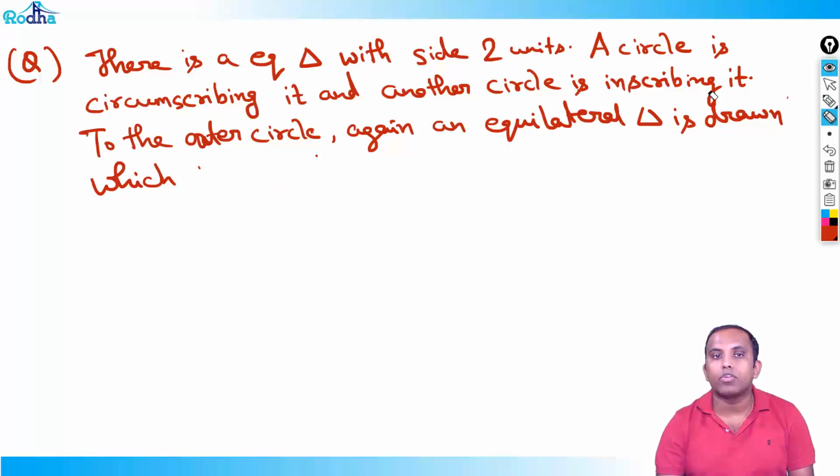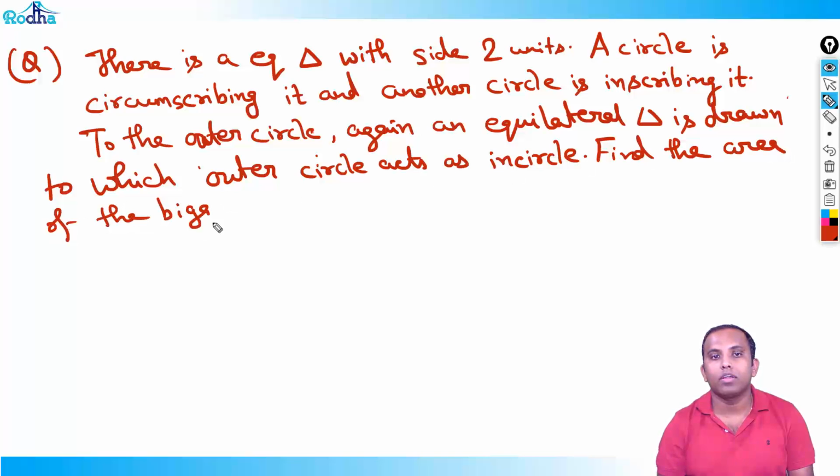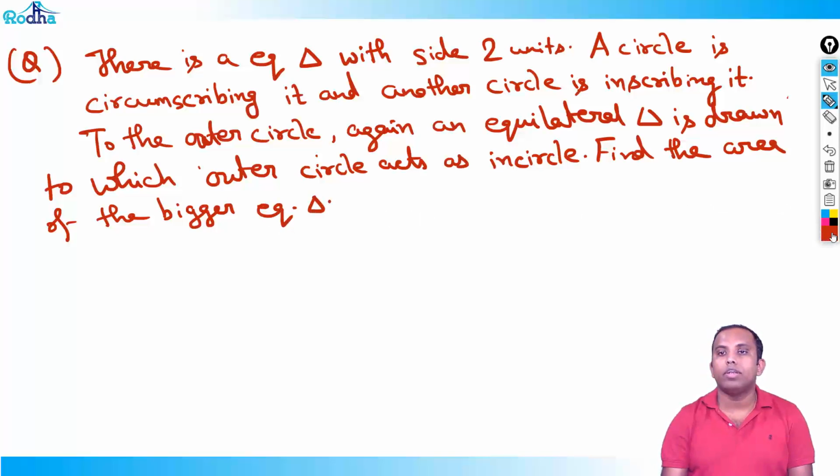Again an equilateral triangle is drawn, to which the outer circle acts as the in circle. Find the area of the bigger equilateral triangle.